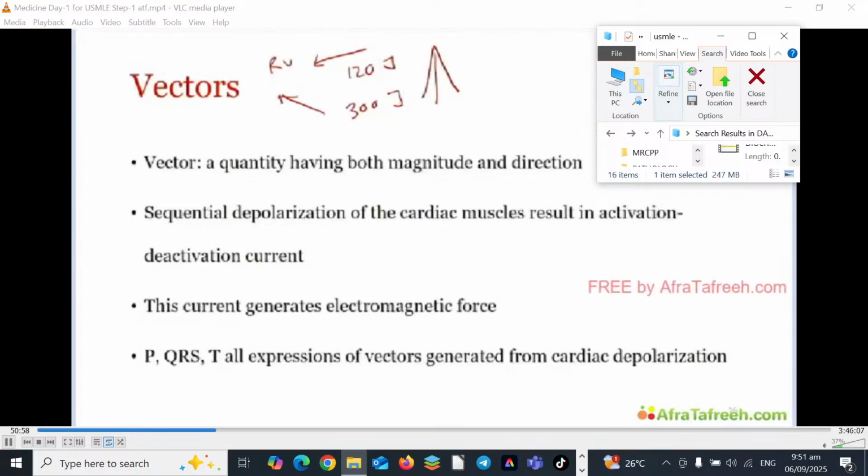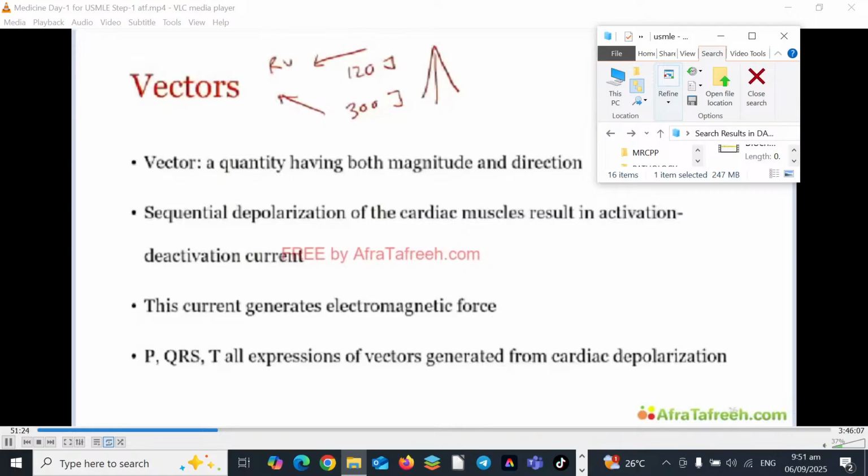An electrocardiogram will have a direction and it will have a magnitude. I hope this will get much more clear as we move along. That means it is trying to show you, one, that the electricity is moving from this end to the other end. Second, it's trying to tell you the magnitude at which it is moving. Is it clear?